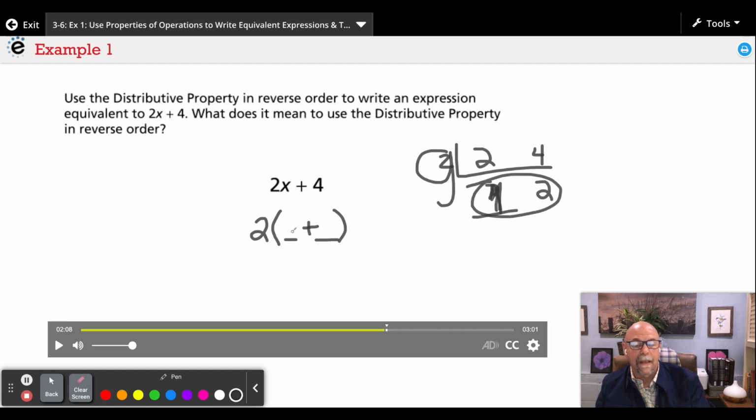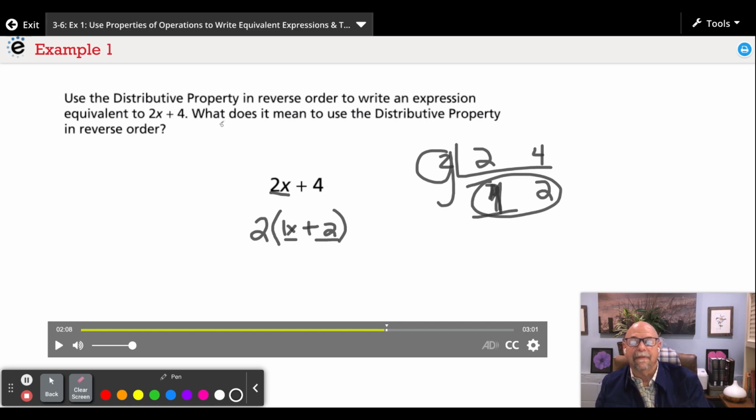So a 1 and a 2. Then the only other thing I have to remember is if I have to multiply 2 times something to get 2x, and there's a 1 here, I just need an x to go with that 1. So 2 times 1x gives me 2x, and 2 times 2 gives me 4.